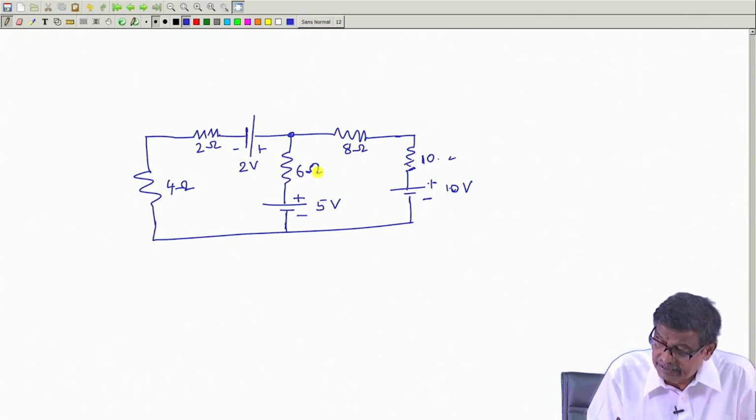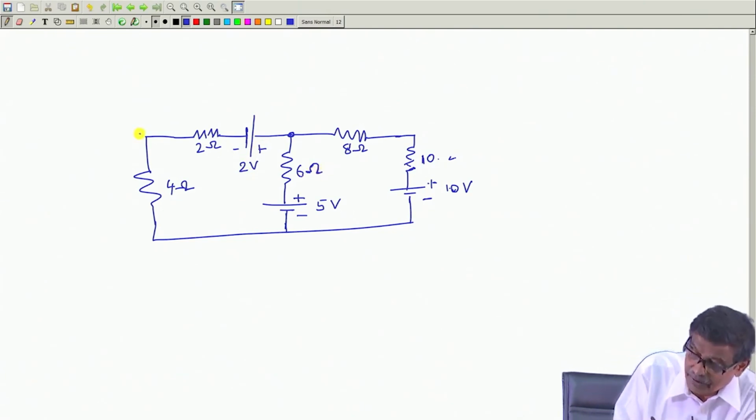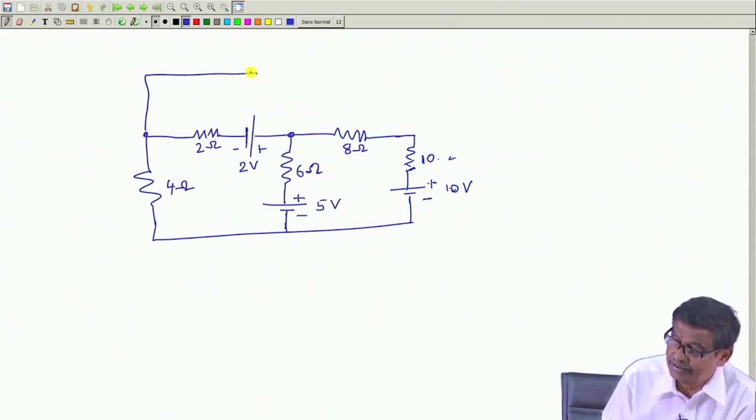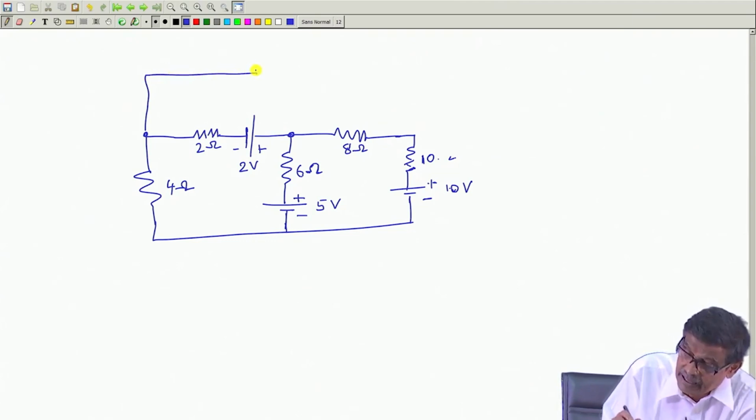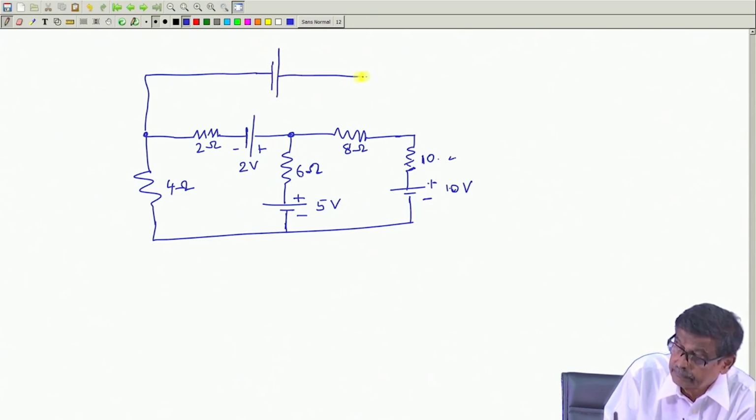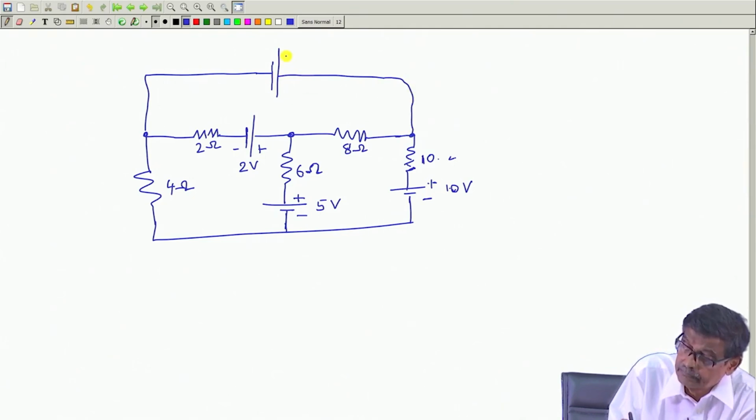Now, this network has another branch. Listen carefully to what I mean to say. Here is an ideal battery, no internal resistance, plus minus, and this is suppose 4 volt. This network problem you have to solve.